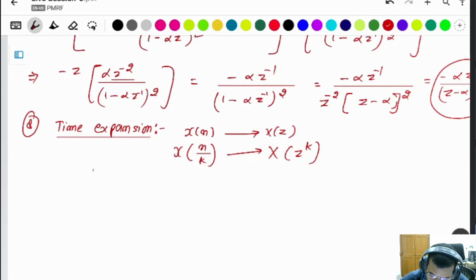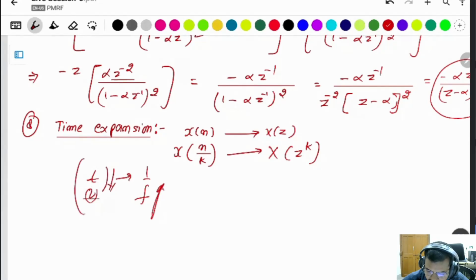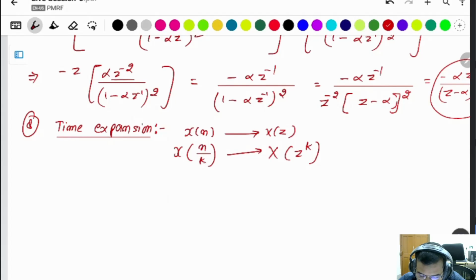Because we know t is equal to 1 by f, if anything is divided by something in the time domain, then the frequency will increase, because if time decreases, the frequency will increase. Same formula here: if time is divided by something in the time domain, then in the frequency domain there is an expansion of that function. I have to expand with the same value by which it is divided in the time domain.